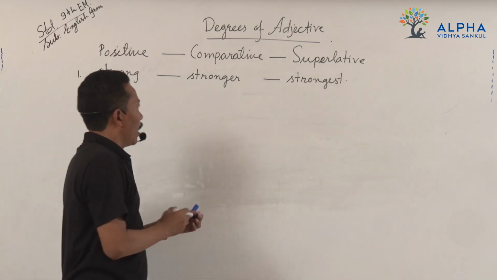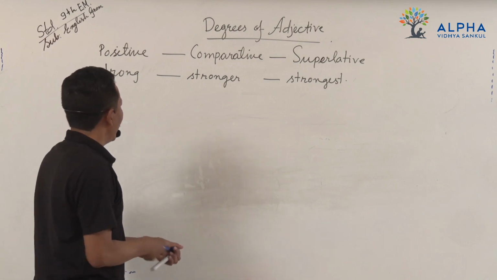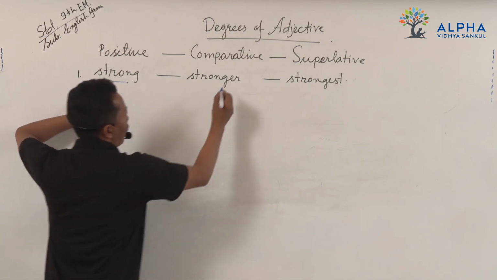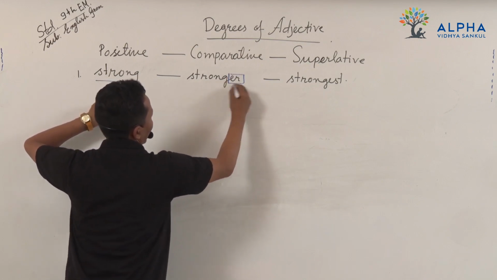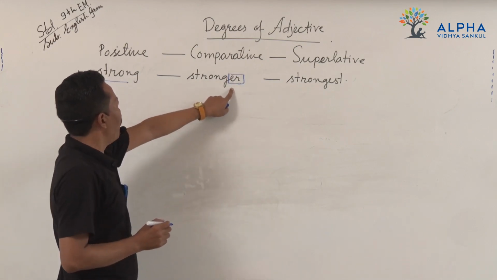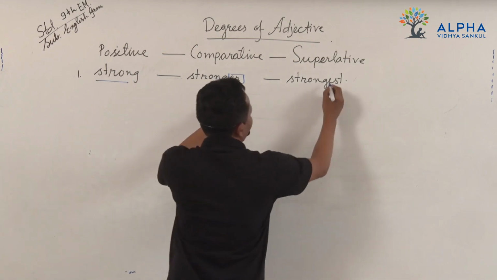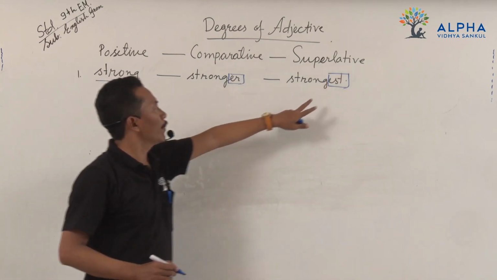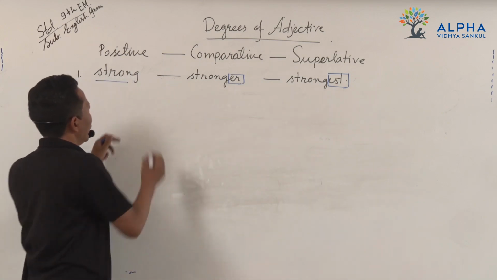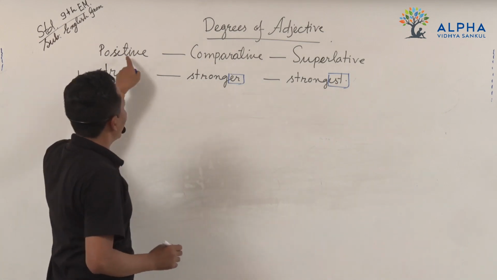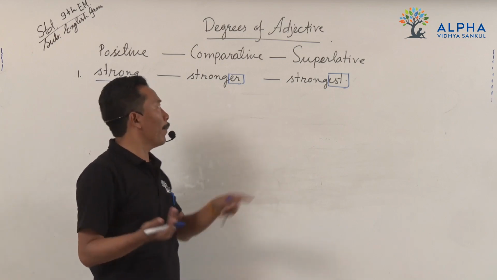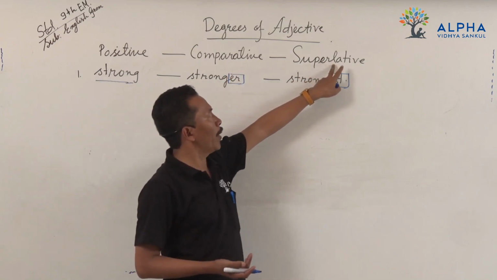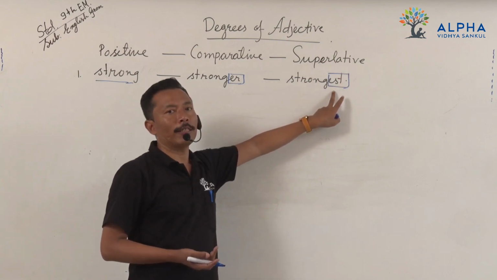See, here we see the positive degree strong, we have added er, and for the superlative degree we added est. And this is rule number 1. From the positive degree, if we want to change to comparative degree, we have to put er, and for the superlative degree we have to put est. Okay.